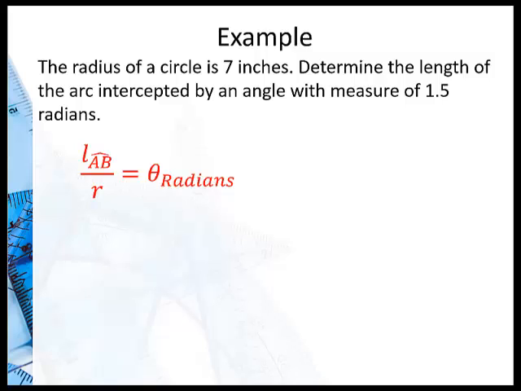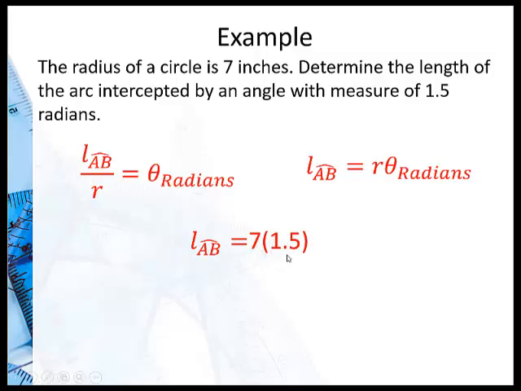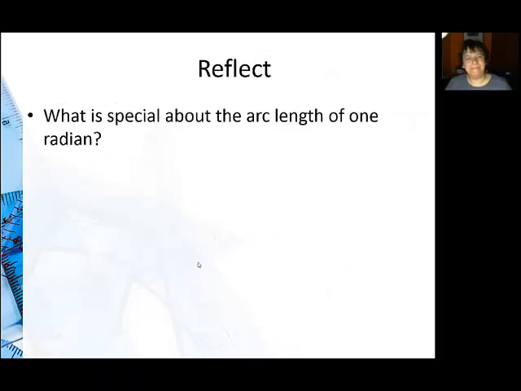Now, the way I used this in college, we would actually cross multiply this, put 1 under the radians, and I would get arc length is radius times the number of radians. So then I get arc length is, the radius is 7, it's 1.5 radians, or basically 10.5 inches.